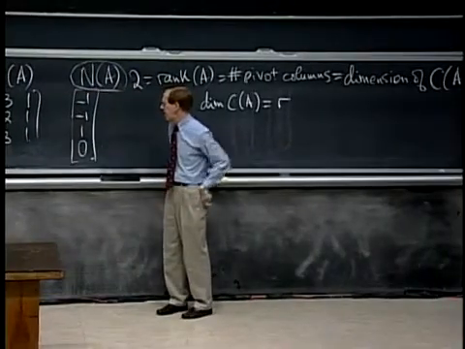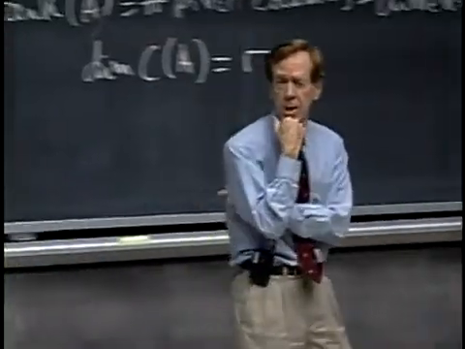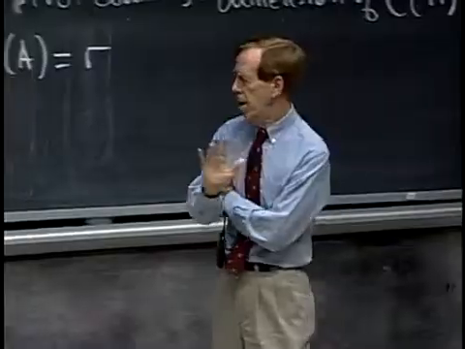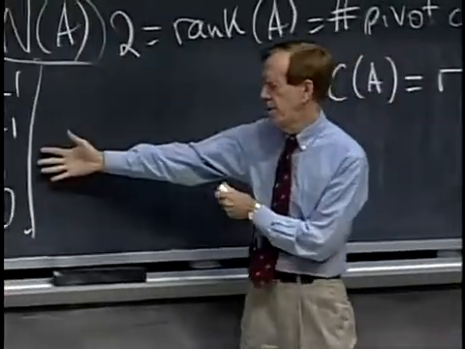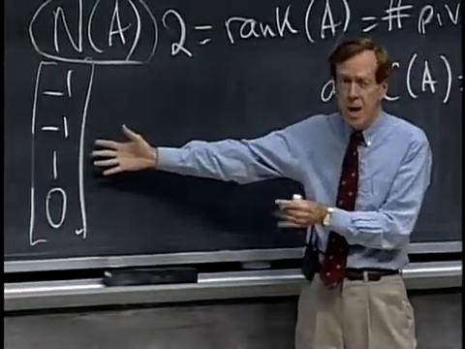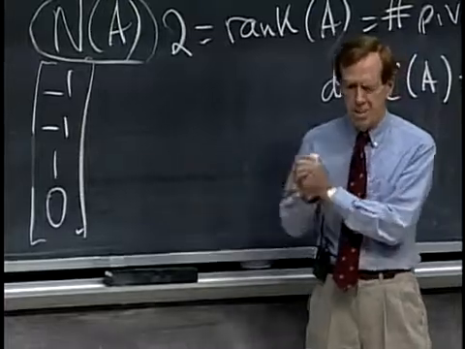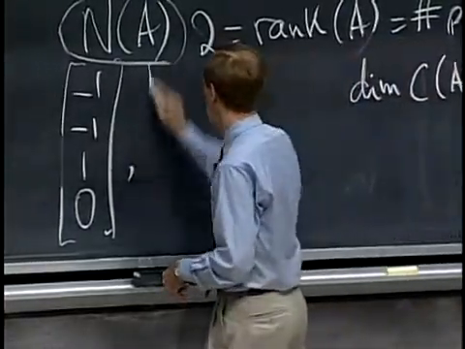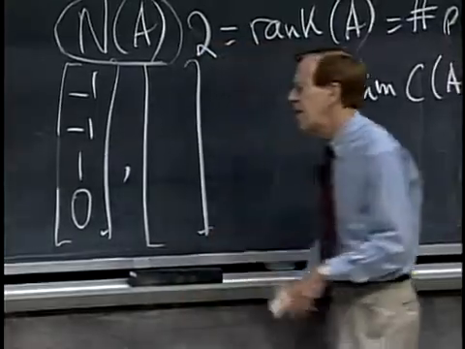This is a vector in the null space. Are there other vectors in the null space? Yes or no? Yes. So this isn't a basis because it doesn't span, right? There's more in the null space than we've got so far. I need another vector at least. So tell me another vector in the null space.